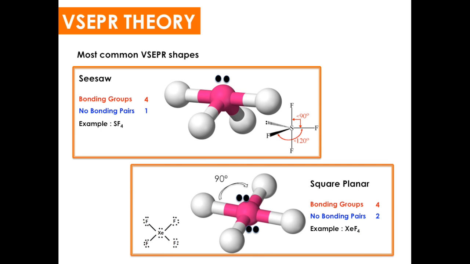The next one, also with four bonding groups, but this time with two pairs of electrons unused, is called square planar. In a square planar, these two pairs make a cross shape with 90 degrees separation between them in one plane. Our example, xenon tetrafluoride.